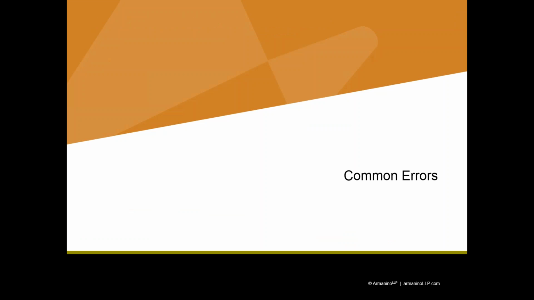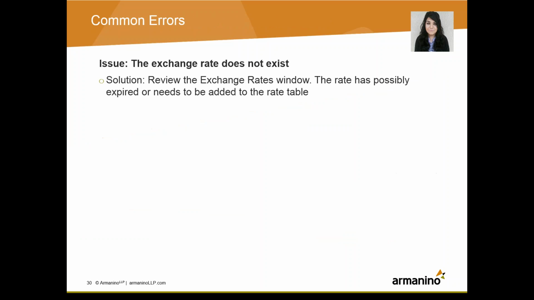Now to go over a few of the common issues and errors that we see. One of the common issues that we get on the support desk is we'll see an edit list that shows that the exchange rate does not exist. Now, it doesn't go into more detail than that, it just leaves it as that. So what does that mean? That means that you do want to review your exchange rate table.